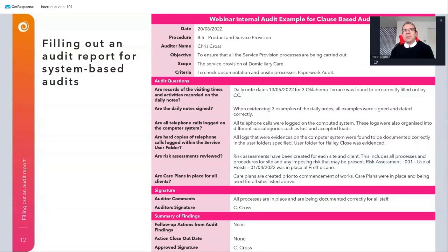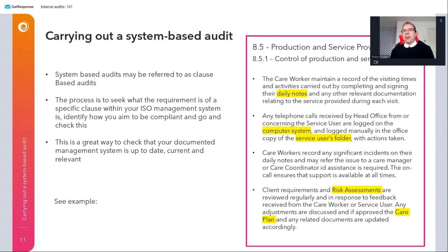Now, the interesting part comes in the bit below where it says audit questions. What you'll see in the left-hand column is a series of questions that effectively acts as our checklist. Before we even start the audit and record any notes, these questions have been derived from the elements that we've highlighted for our checklist.